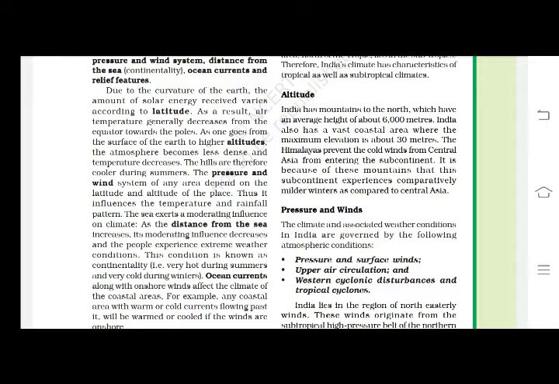The moderating influence decreases. Whatever the influence is there, it influences the temperature and rainfall pattern also. So as the distance from the sea increases, this moderating influence decreases, and just because of that we receive very hot summers and very cold winters.